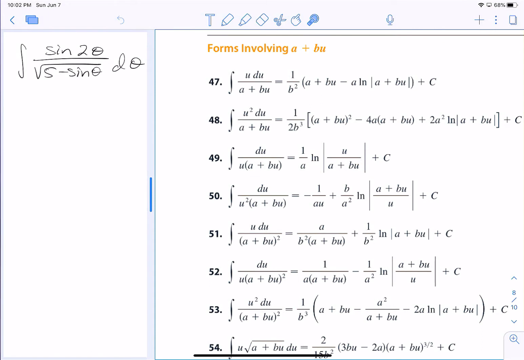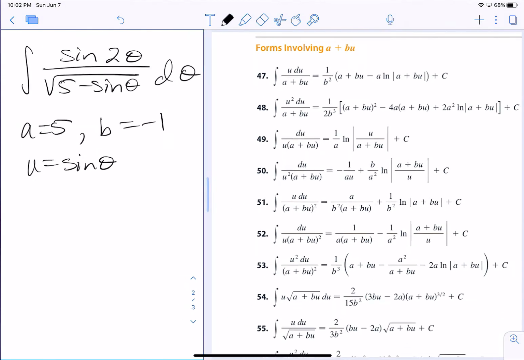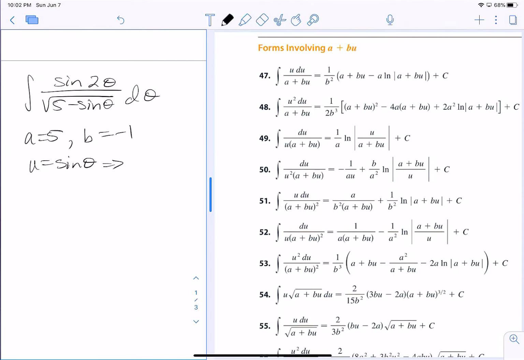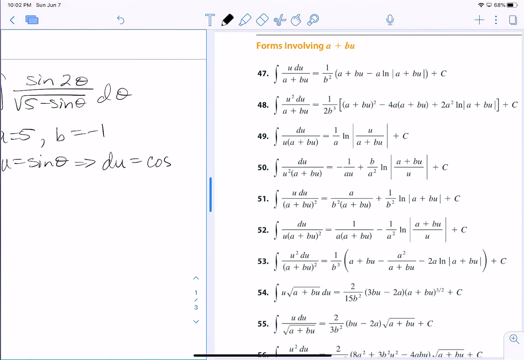If we can, then a would be equal to 5, b would be equal to -1, and u would be the sine of theta. That would then imply that du is equal to the cosine of theta d theta.